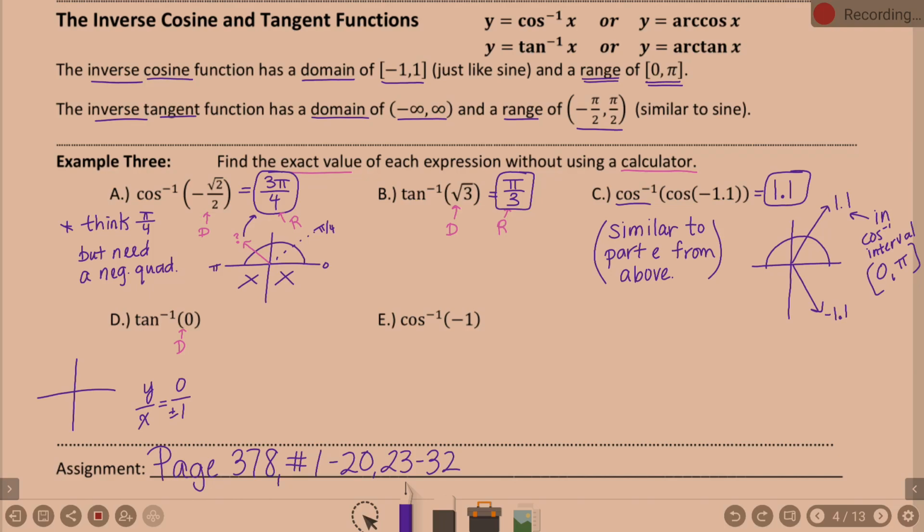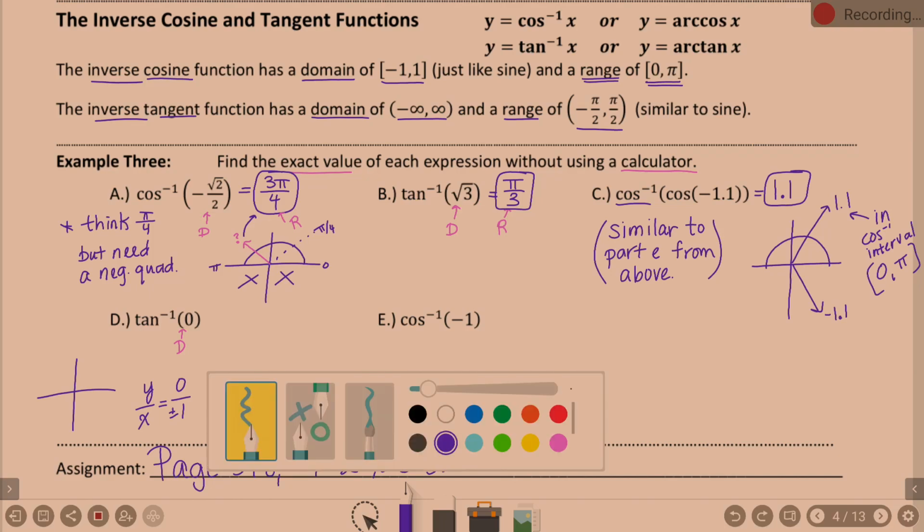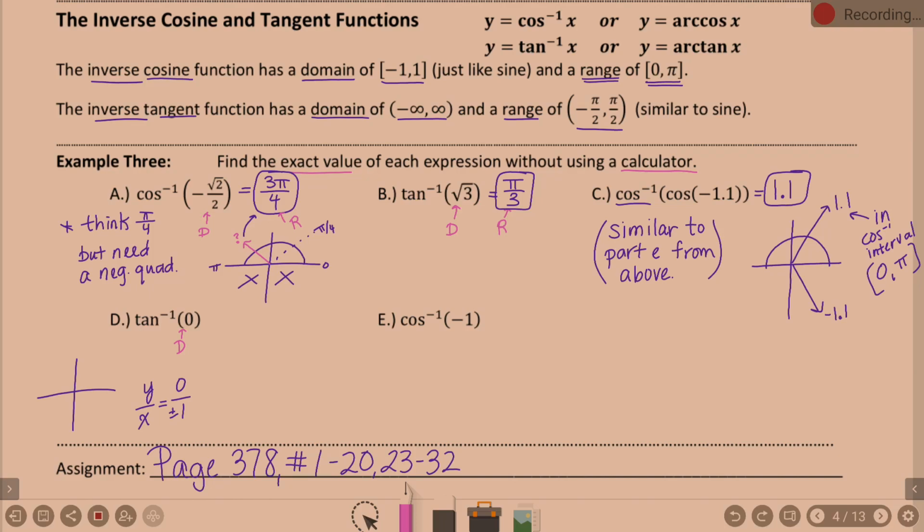Check again. When is y 0? At 90 degrees or 270. Check again. If I do at 90, this is the ordered pair 0, 1. So y is 1. At 270, this is 0, negative 1.